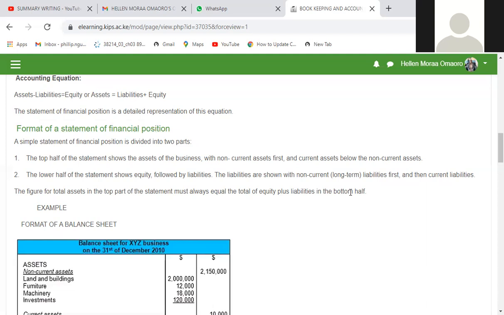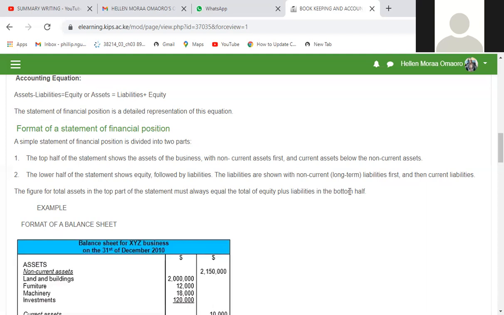And now in the case of trial balance, it's a must you get the same amount on debit and credit. Yes. For the trial balance, debit and credit totals must be equal if the entries which have been made in the ledger have been accurately made.